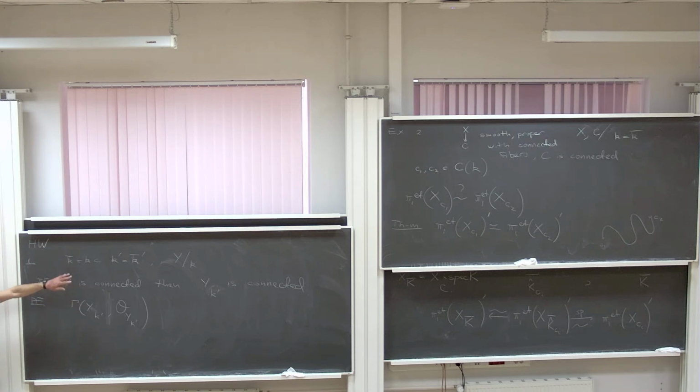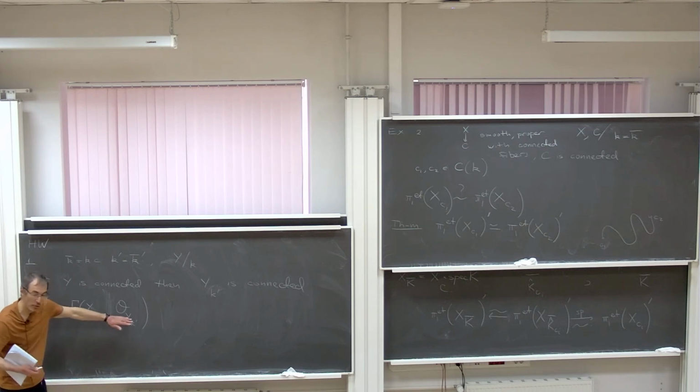If it is disconnected, you can take a function which is equal to 1 on one component and 0 on the other components, and vice versa. So we want to show that this algebra has no idempotents except 1. Is it clear?